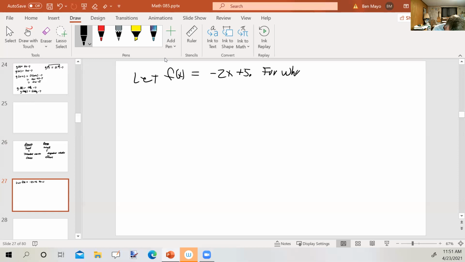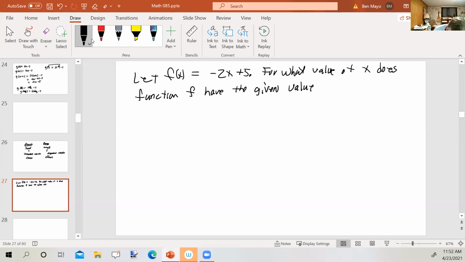For what value of x does function f have the given value?